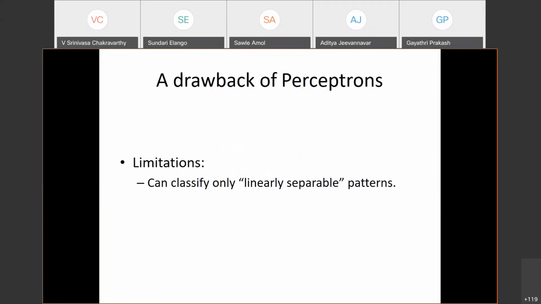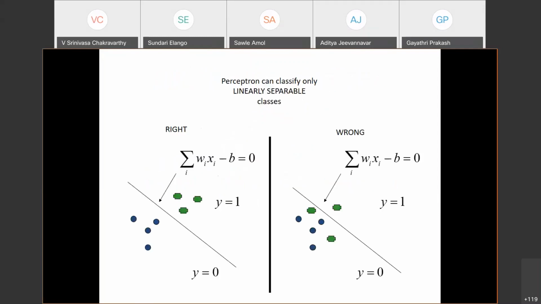That was a big drawback of perceptrons. On the left, for example, you are seeing an example where you can separate the two classes using a straight line. Whereas on the right, you see that the data cannot be separated. That is, the greens form one class and the blues form another class.